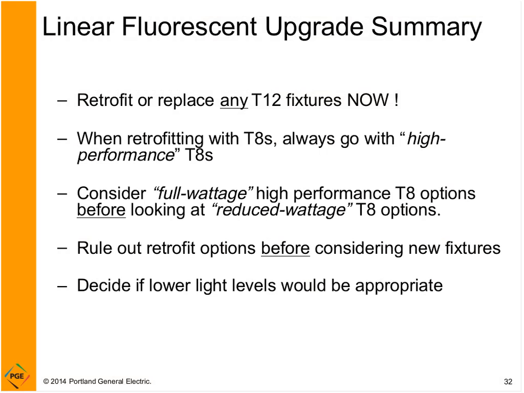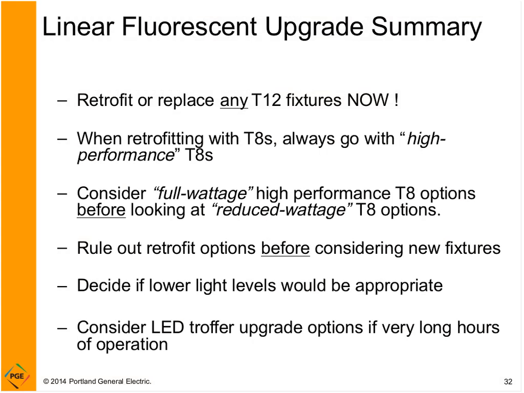Decide if lower light levels would be appropriate. Just don't automatically go for the same light level. Very often you can reduce light levels and still have a good lighted environment. So look for ways that you can delamp. And with lower light levels, maybe you can add a task lamp for those critical reading tasks. And also consider LED troffer upgrade options if you have long hours of operation.